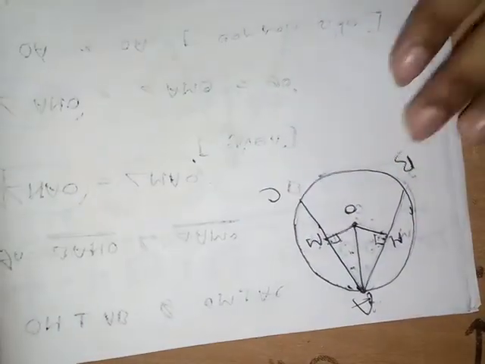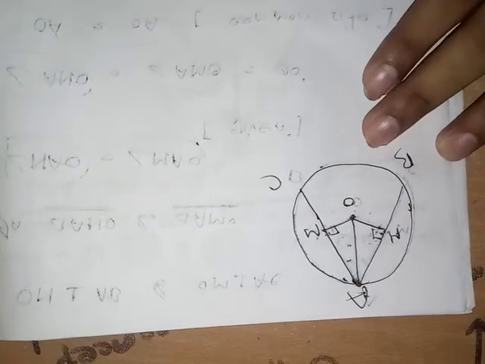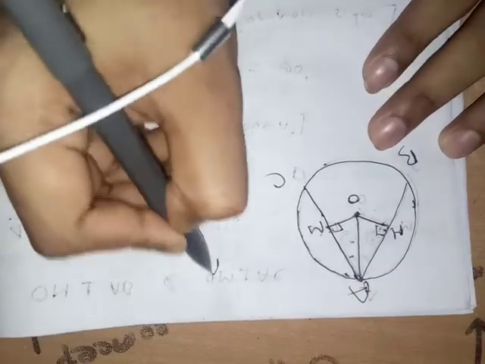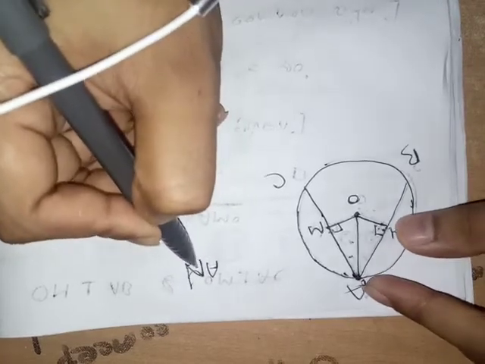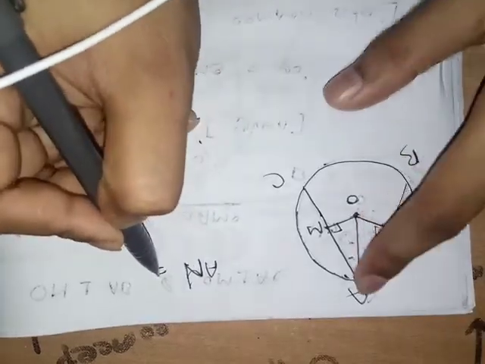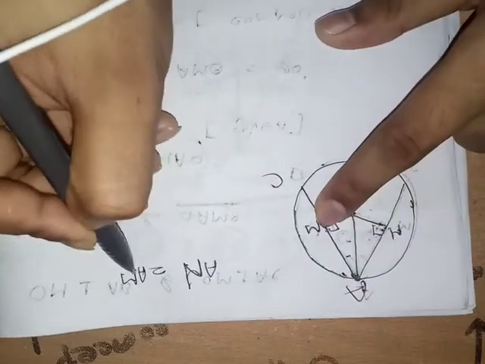Well, this was our diagram. What we have proved is that side AN of this triangle is equal to side AM of this triangle.